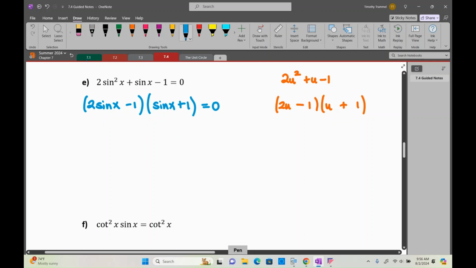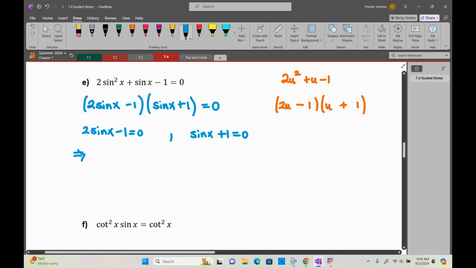So this gives us two equations that we need to solve. Either this is 0 or this is 0. Let's start working on solving this one here for sine of x.